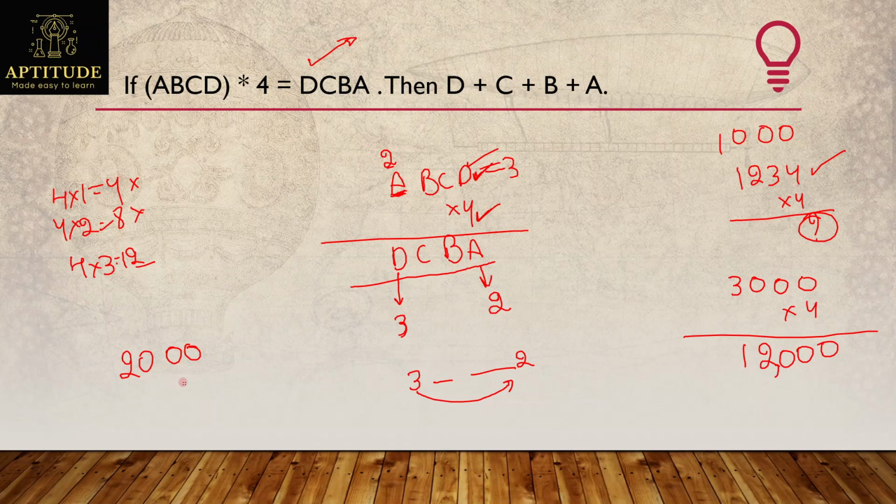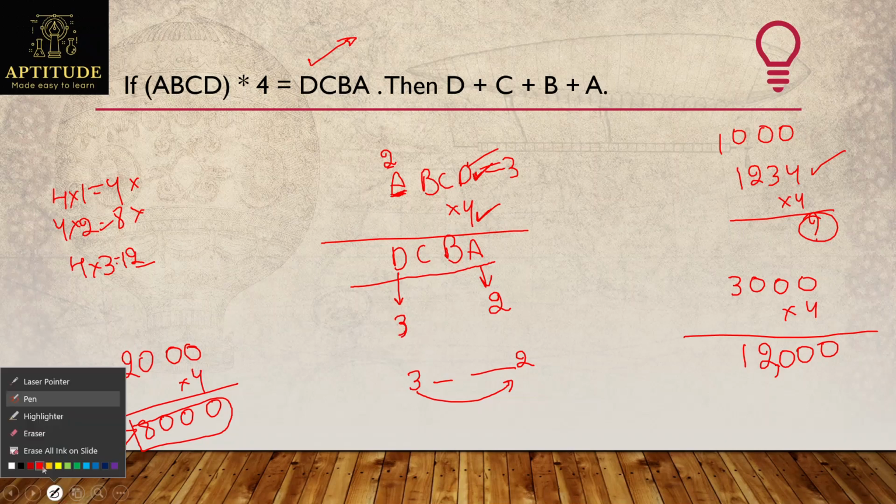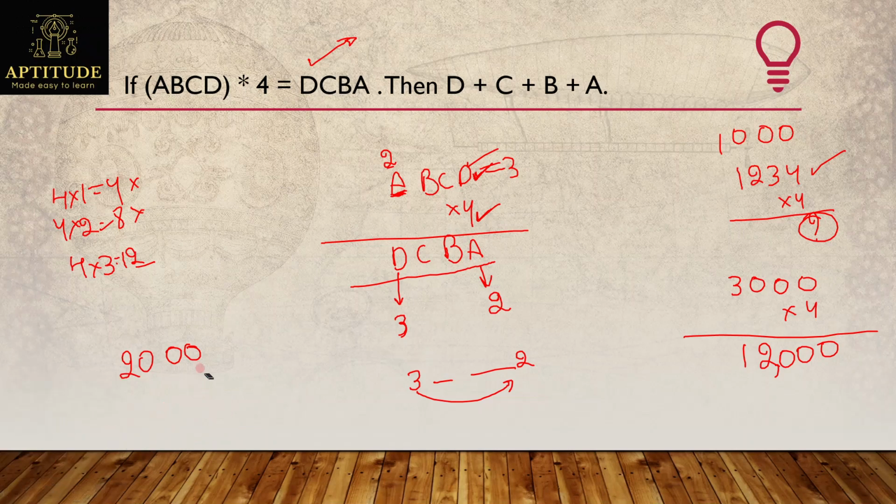If I multiply 2000 with 4, I'll obviously get greater than 8000 always. So my value will always be greater than 8000, which cannot start with a 3. So one more time, the D value cannot become 3. That's how D value 3 can be eliminated.